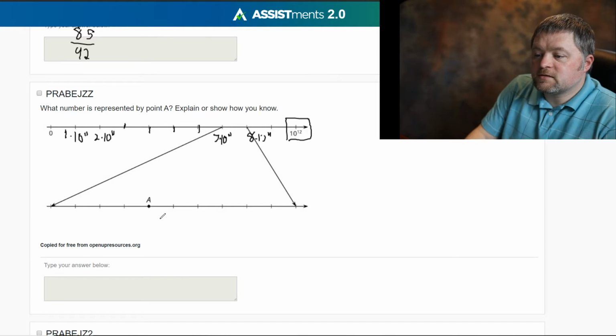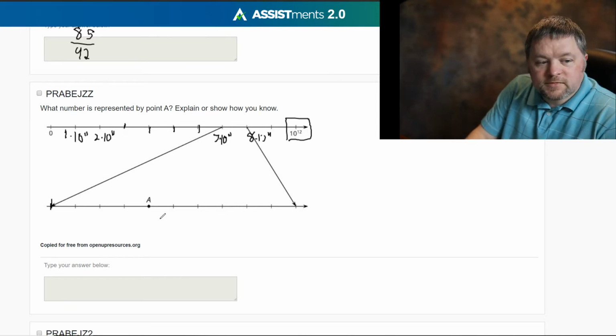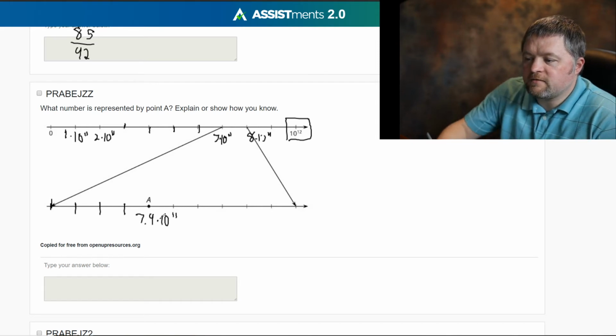Which means here we have 7 times 10 to the power of 11, so 7.1, 7.2, 7.3, 7.4 times 10 to the power of 11.